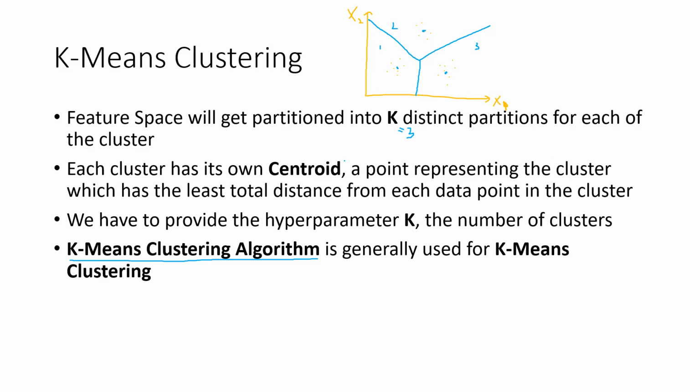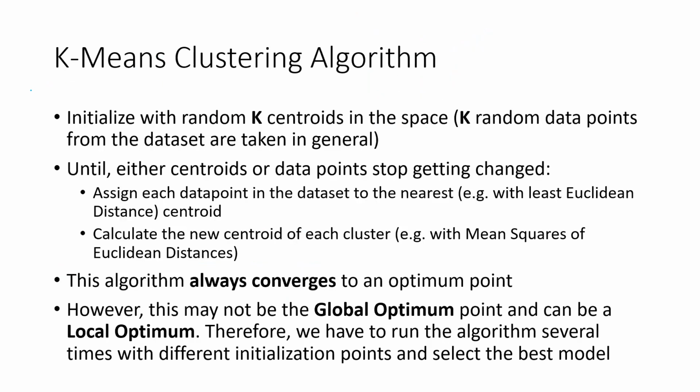So K-means clustering is what we want to achieve, and how to achieve it in a practical way is defined by the K-means clustering algorithm. The K-means clustering algorithm is a way of achieving K-means clustering. So just remember it. Generally, no one will ask you, but those two things are separate, and it is important that you know it.